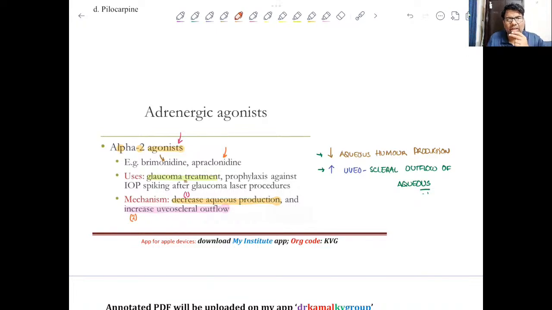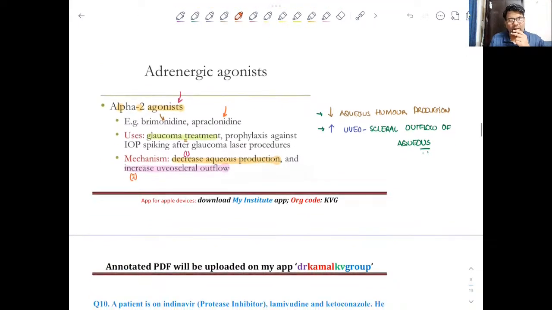There is impaired drainage of aqueous humor in open angle, and if there is narrowing of the angle of the anterior chamber, there is not enough space for the aqueous humor to reach up to the trabecular meshwork. So overall it acts on two fronts, reduces the aqueous humor production and also promotes outflow through the uveoscleral tract. Clear? So apraclonidine and brimonidine, alpha 2 adrenergic agonists. Please remember agonist. This is important.